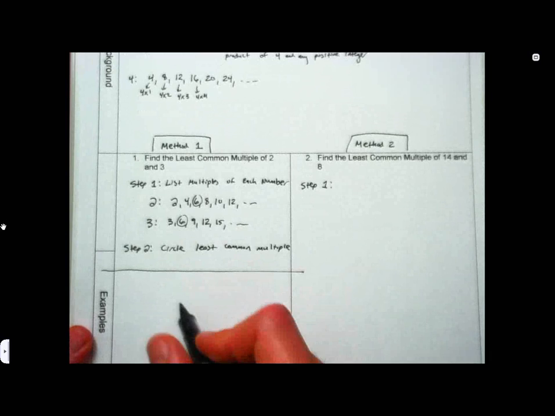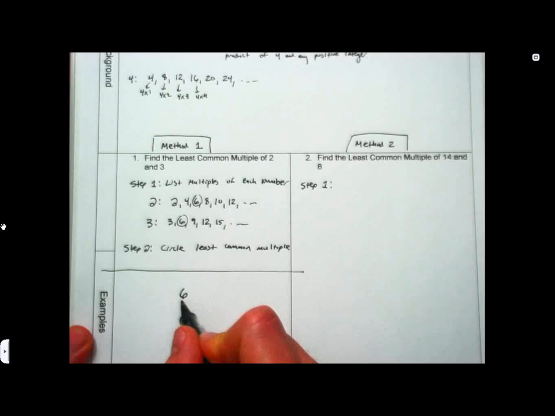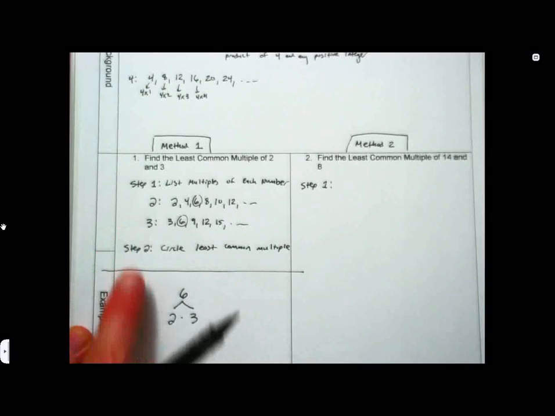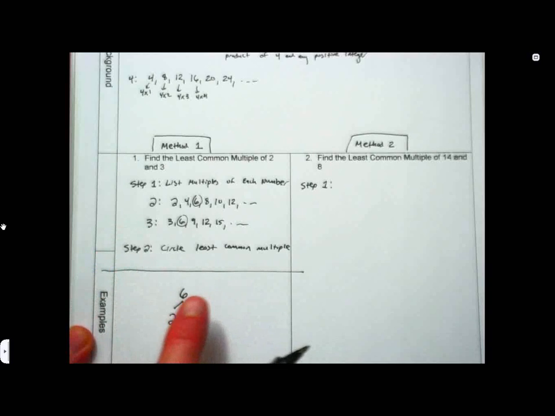But if I look at the number 6, it's interesting because if I broke it down using a factor tree, it's really 2 times 3. Notice that 2 and 3, which were the numbers we were trying to find the least common multiple for, appear as factors of the number 6.